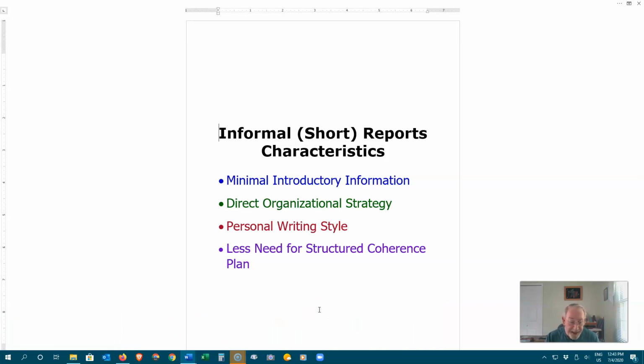In general, here are the characteristics of informal short reports. They only need a short introduction because the reader will be familiar with the content. They use a direct strategy because they are typically positive or neutral information, or even if negative, are addressed to your boss.